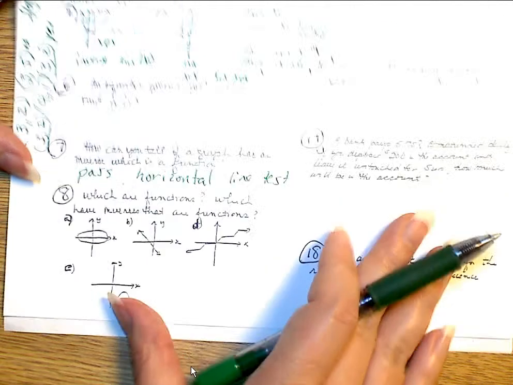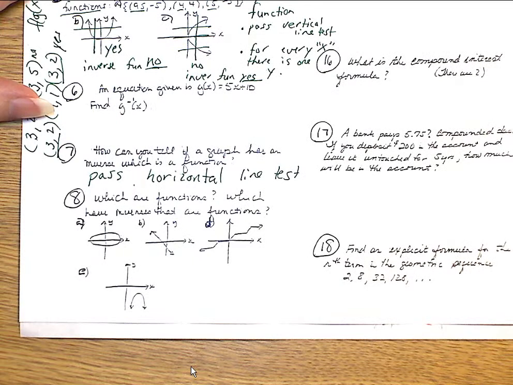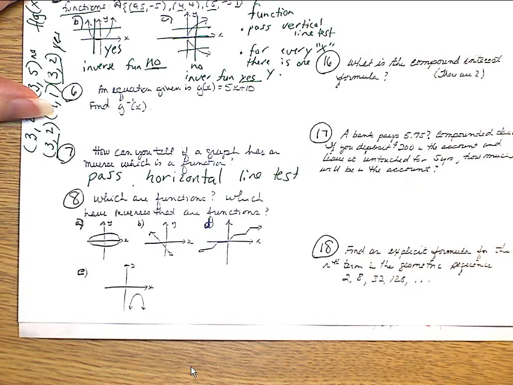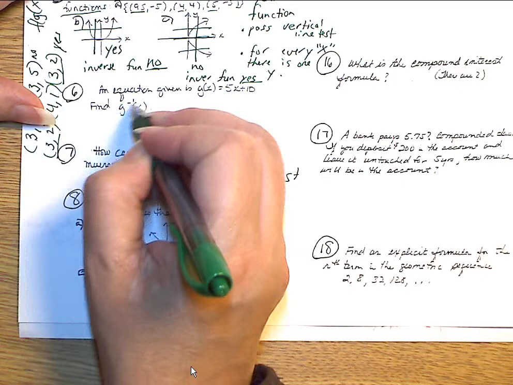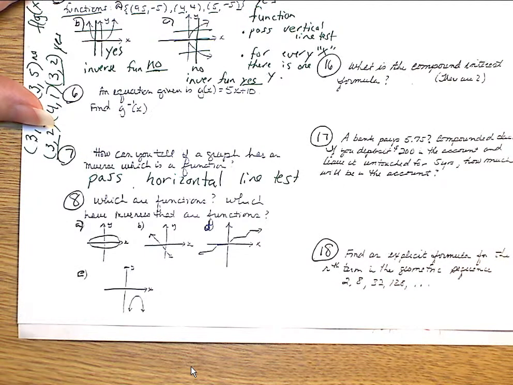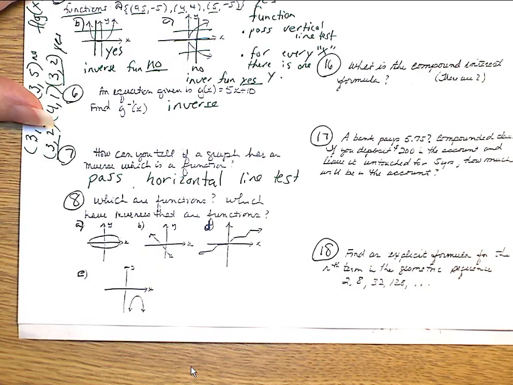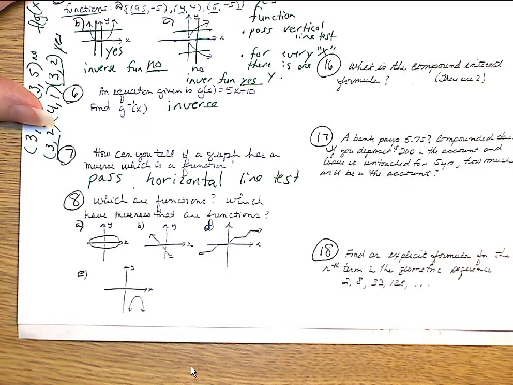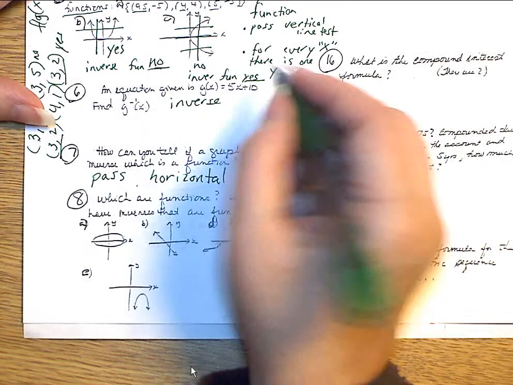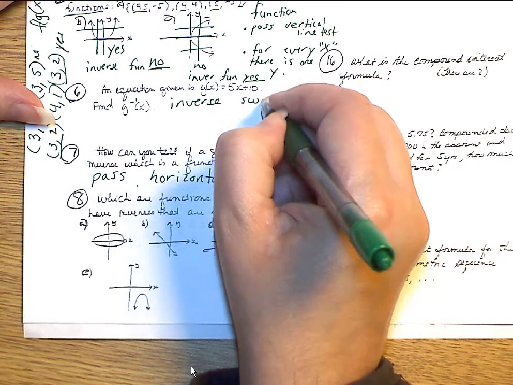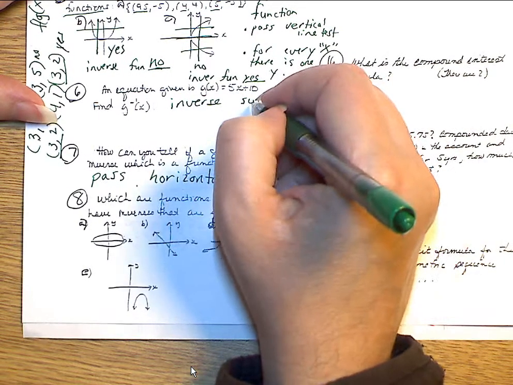All right, number 6. It says to find this. What does this -1 up there mean? It means inverse. How do I find the inverse of an equation? What's my first step? You switch your x and y.